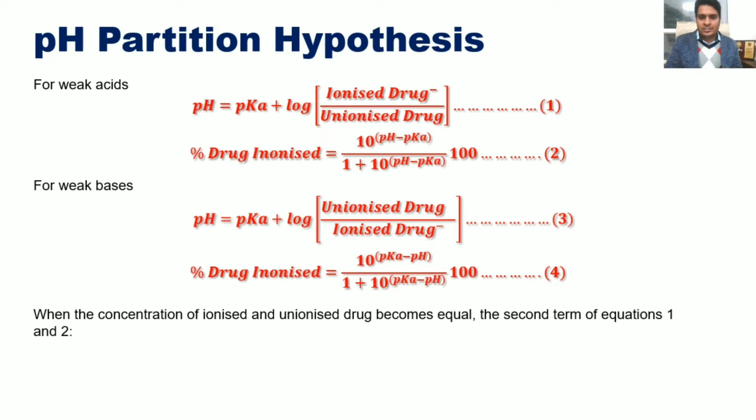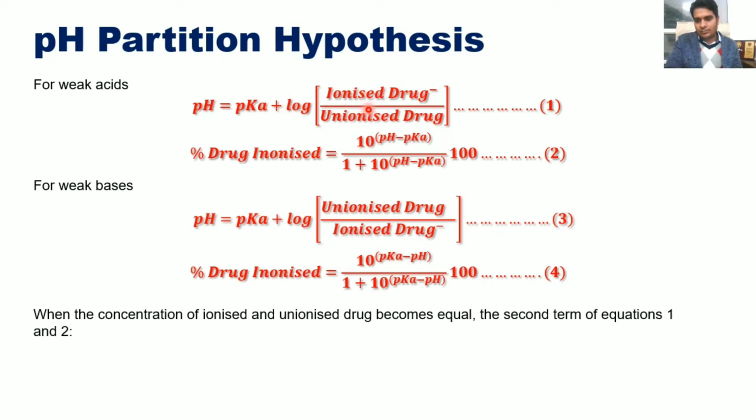When the concentration of ionized and unionized drug become equal, the second term of equations 1 and 2, here I'm talking about this term and this term, becomes 1.